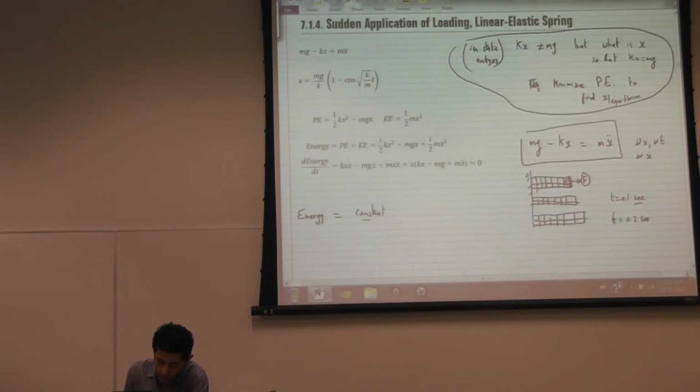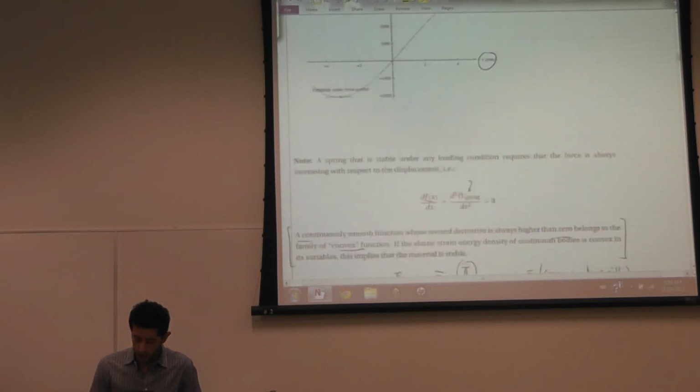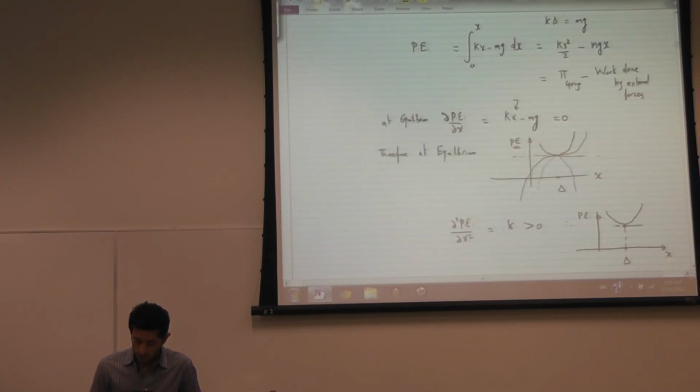Because the derivative is equal to 0 for every x, for every t, for every x dot. So the difference between this case and the static case is that there the potential energy was minimum at equilibrium, but in a dynamic equilibrium the total energy is constant.